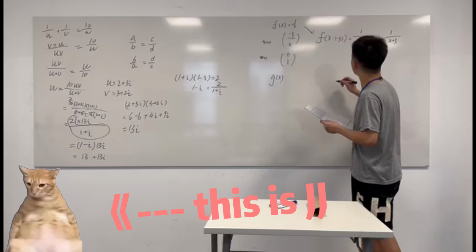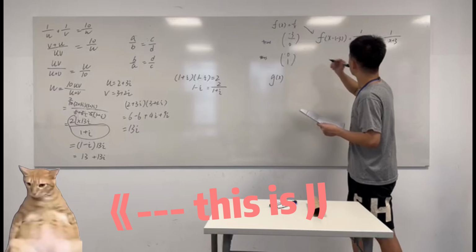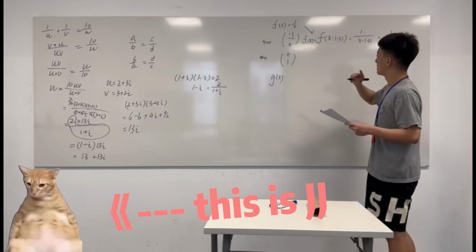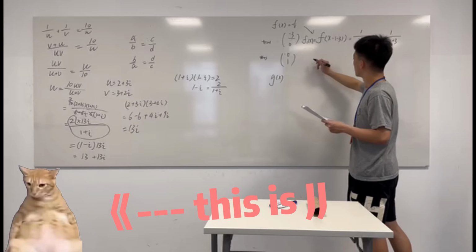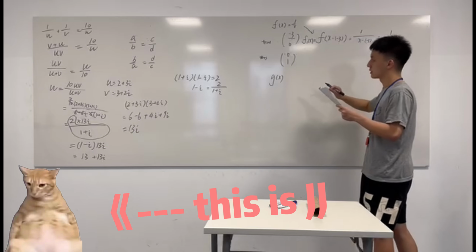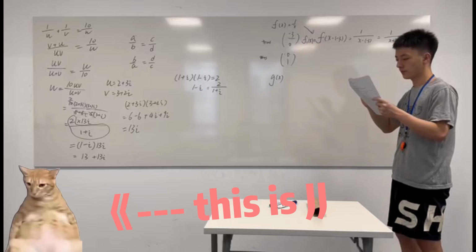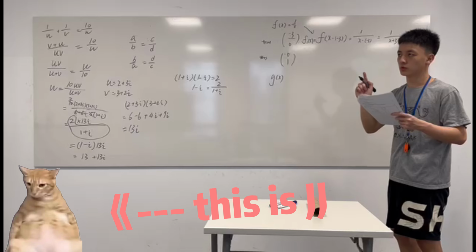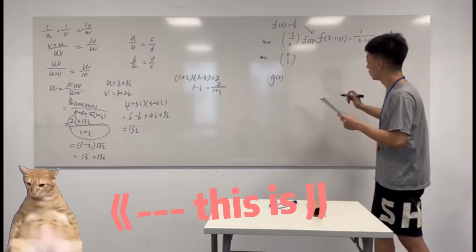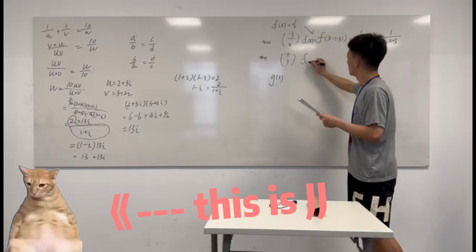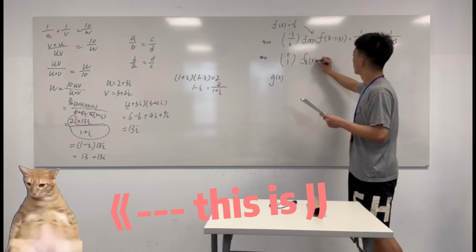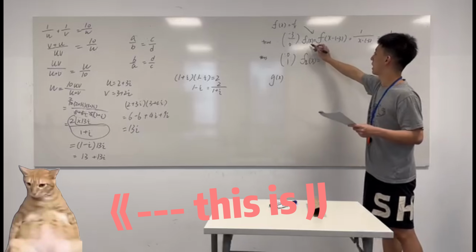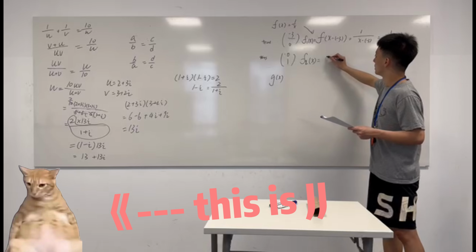And then the second translation is to translate the graph 1 unit upward. So we should add 1 outside of f.